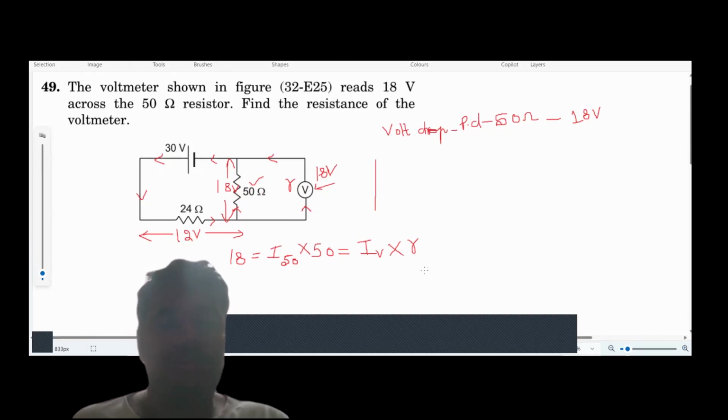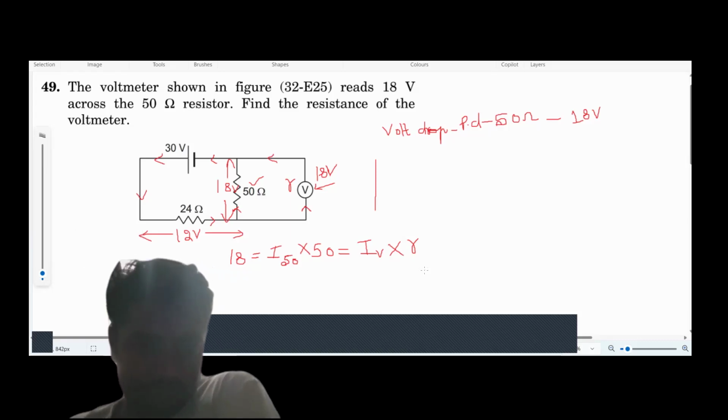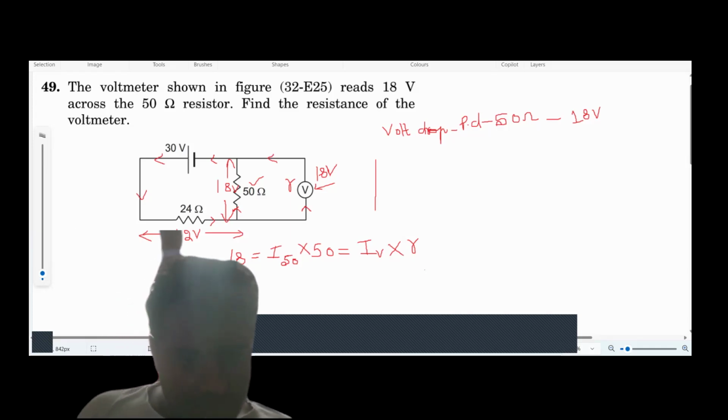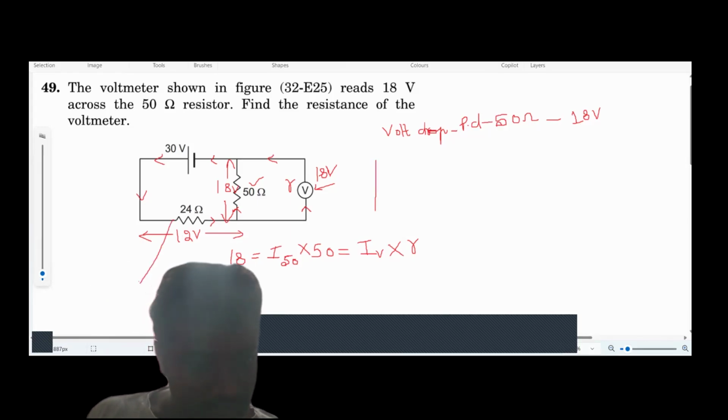So easy, right? And we know the current flowing through the 24 ohm. Let's find out I24, which is nothing else but the total current. I total is equal to V by R, 12 by 24.